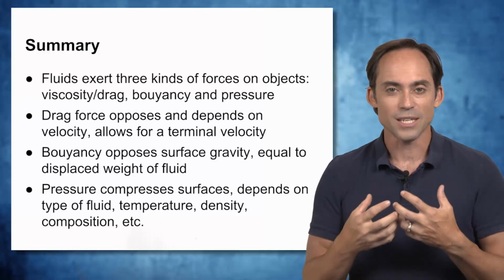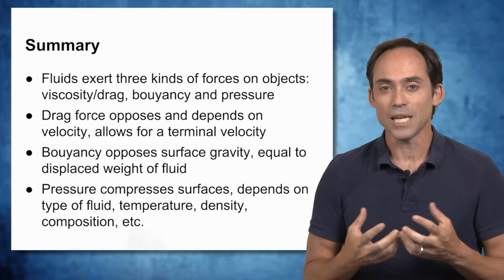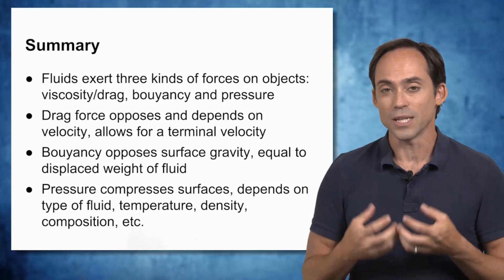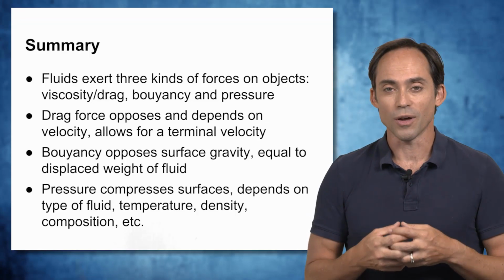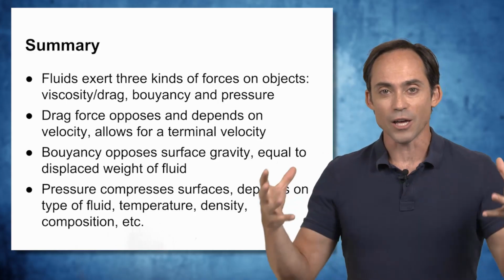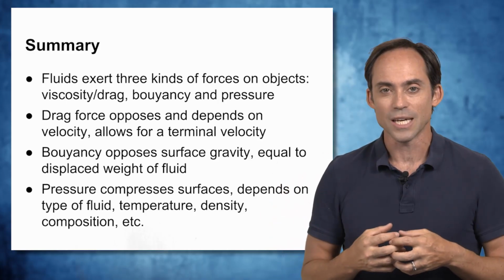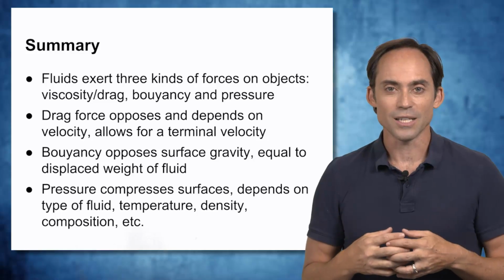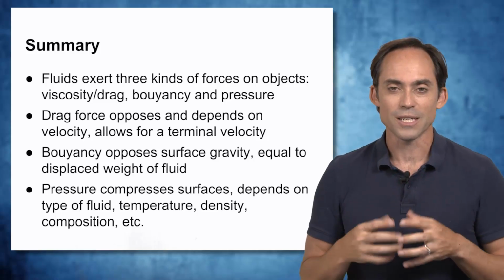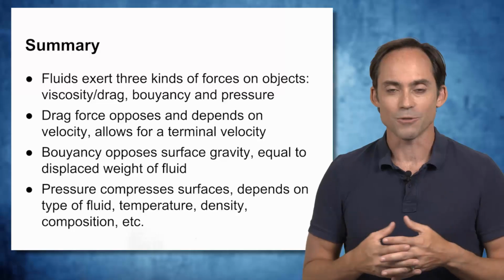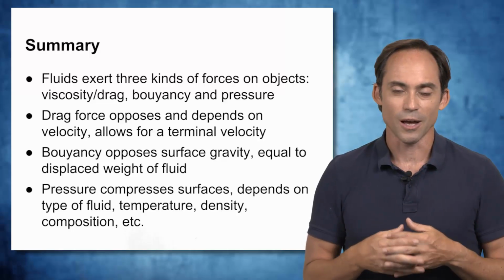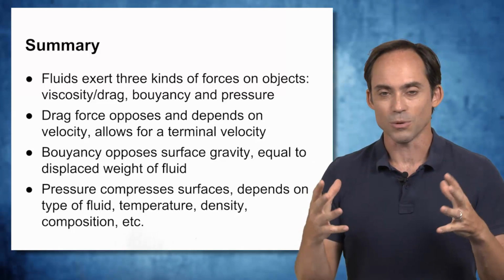And the buoyancy force magnitude is simply equal to the weight of the fluid that is displaced. So if an object is floating, it's part of the volume of the object times the fluid density. If it's fully submerged, then it's the total volume of the object times the fluid density times surface gravity. That's the weight of the fluid that's displaced.